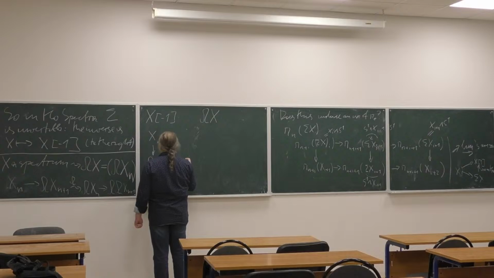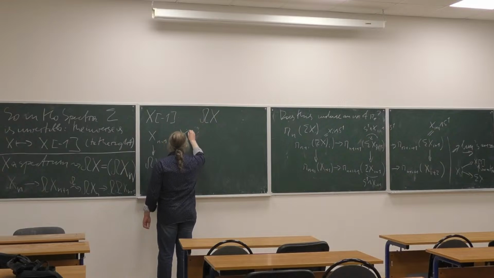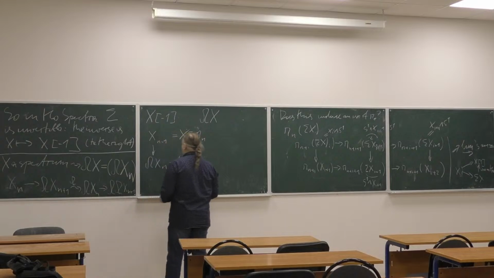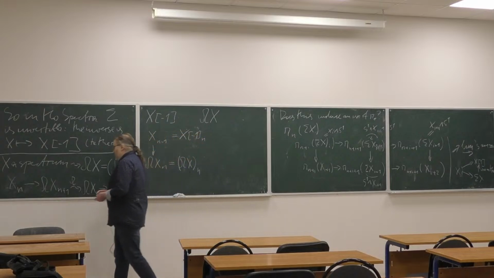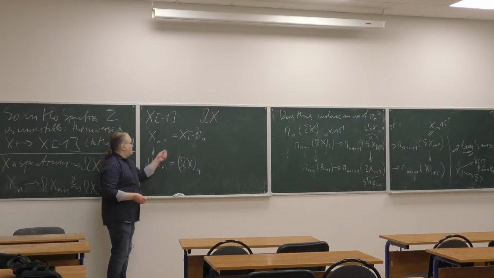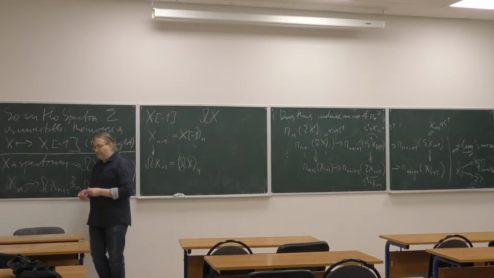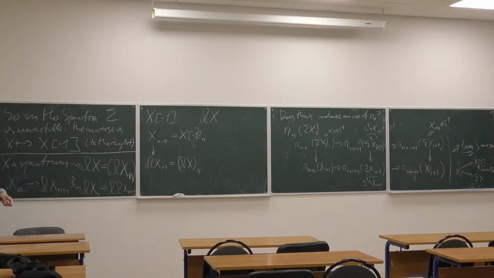Very well. So this is x minus 1 n, and this is omega x n. Okay, so using just the structure maps, I get a map of spectra.